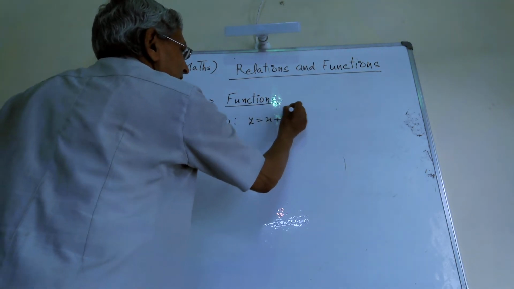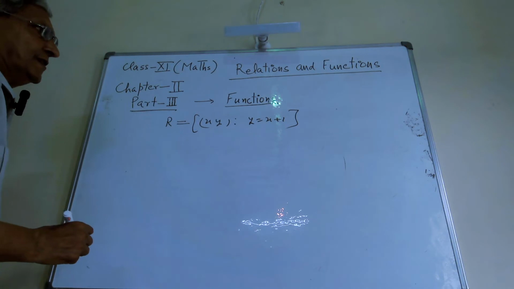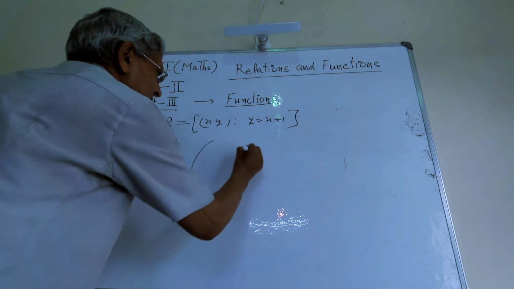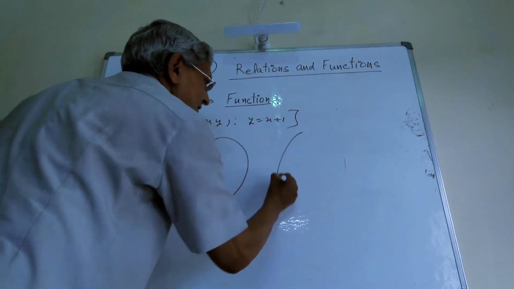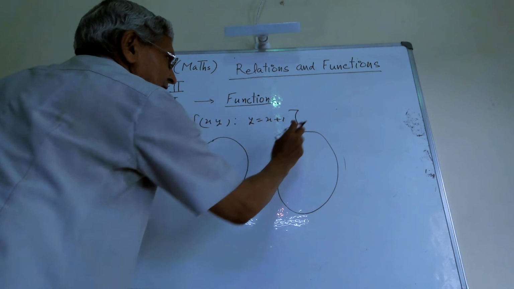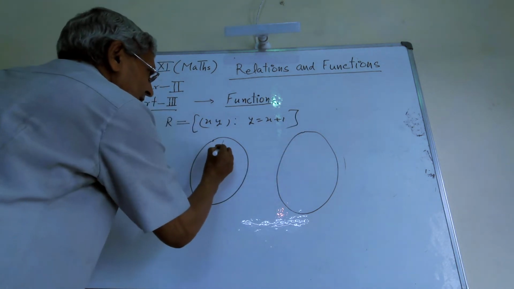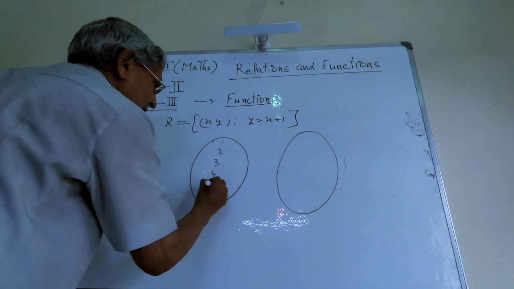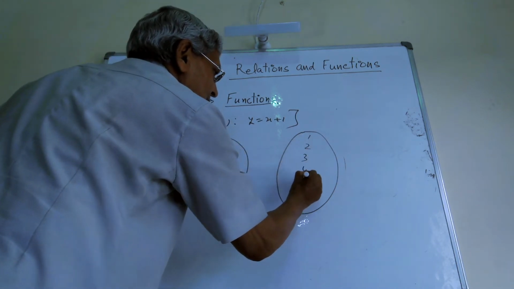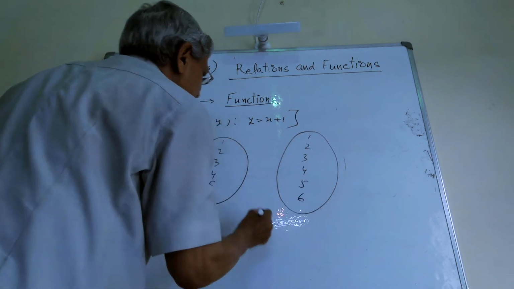This was the example in the earlier part, and we have shown the relation in the diagram, 1, 2, 3, 4, 5, 6 and 1, 2, 3, 4, 5, 6.